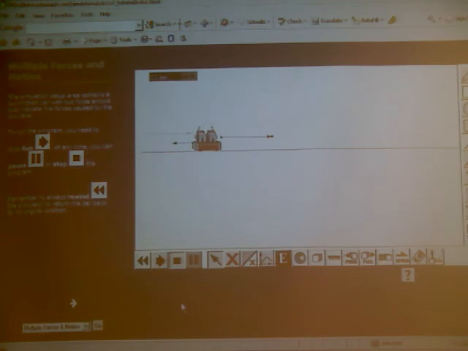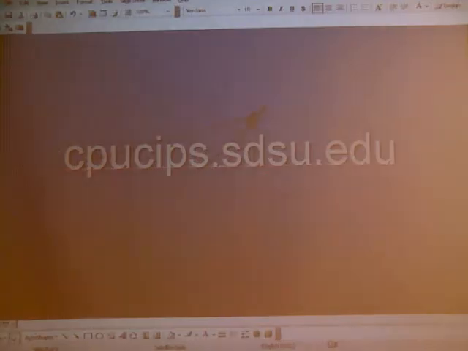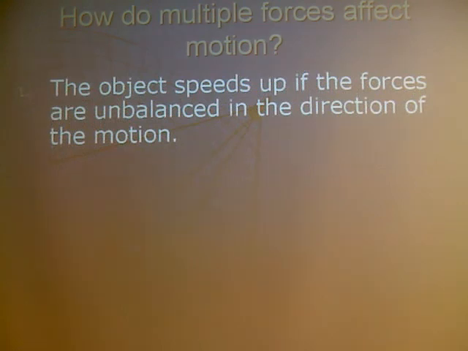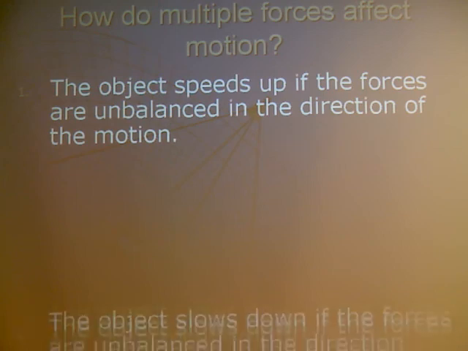Now, let's summarize the things that we have learned. How do multiple forces affect motion? The object speeds up if the forces are unbalanced in the direction of the motion. Unbalanced means, again, that the forces are not equally strong. If the strongest force is in the direction of the motion, the object, as you already saw, will speed up.